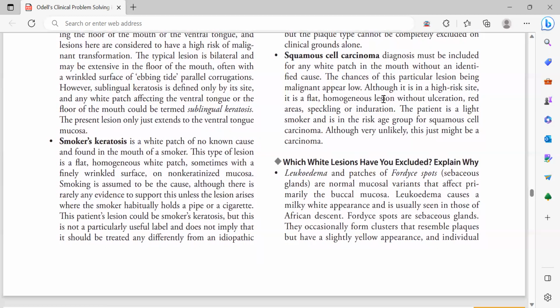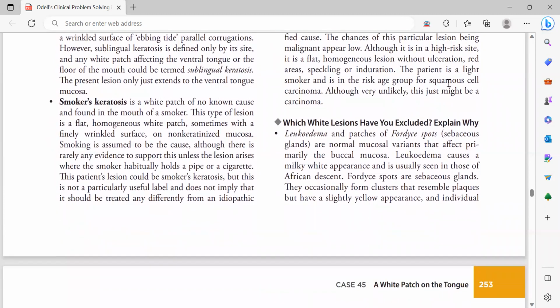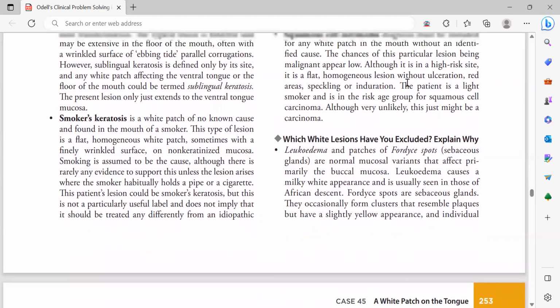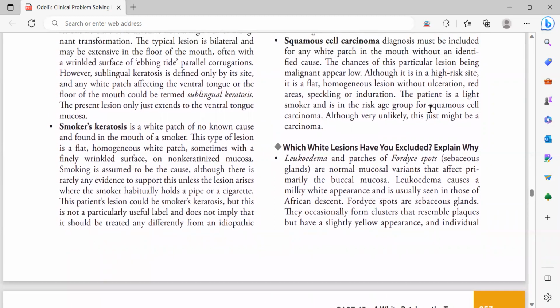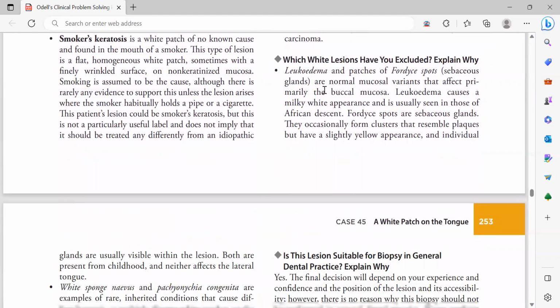It is a flat homogeneous lesion without ulceration, red areas, speckling, or induration. The patient is a light smoker and is in the risk age group. We know that the risk of getting squamous cell carcinoma increases with age. Although very unlikely, this just might be a carcinoma.